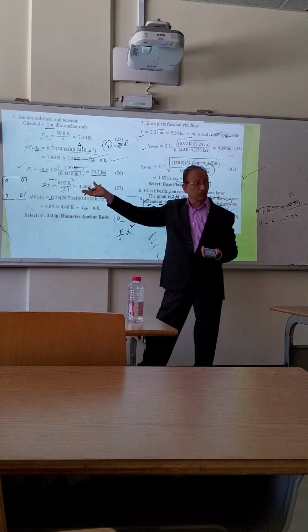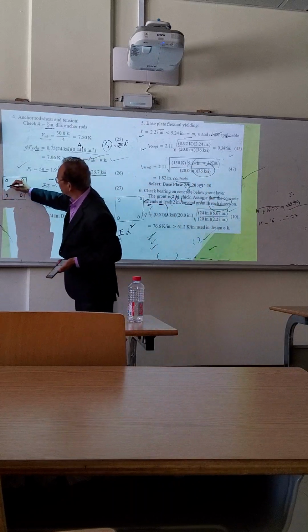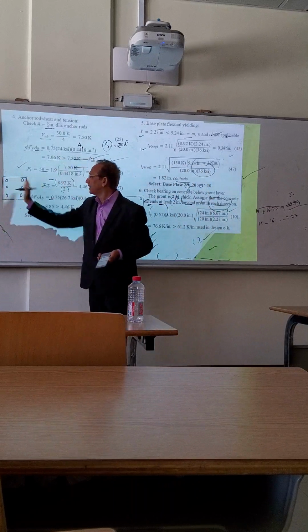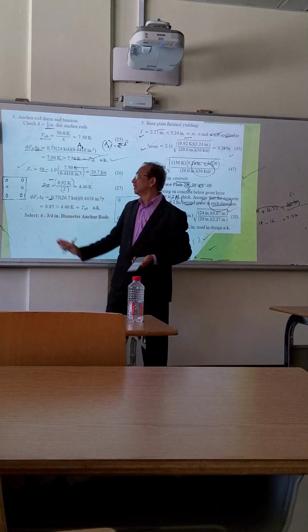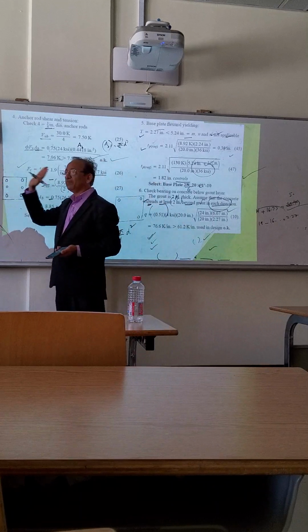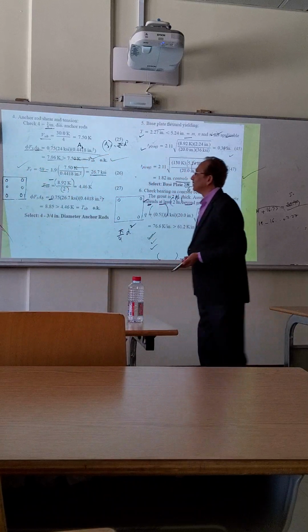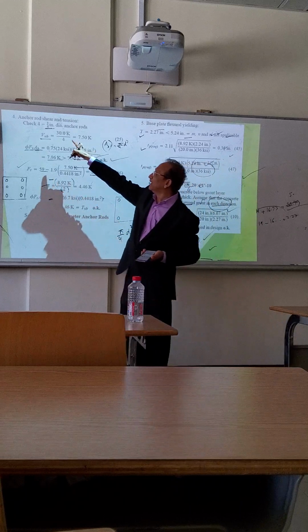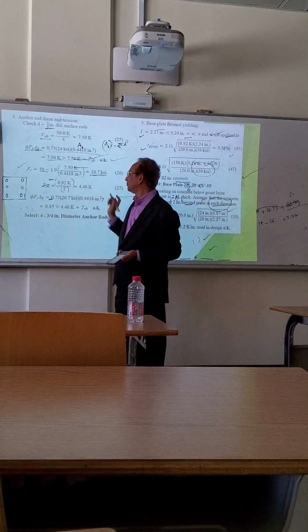Only the outer 2, not all the force. Suppose it is 6, 3 here, then you will divide by 3. So only the outer bolts will be taking the tensile force, not all. That's why we divide by 2. Total, we are taking 4 bolts. So out of 4, half of that is 2.